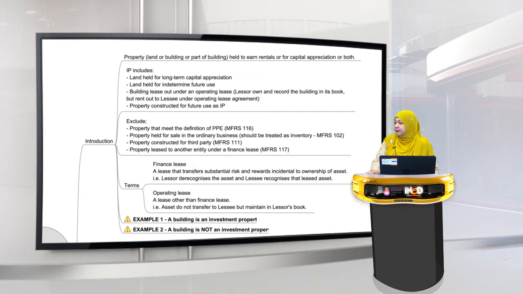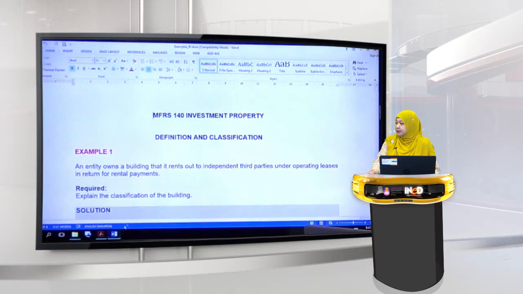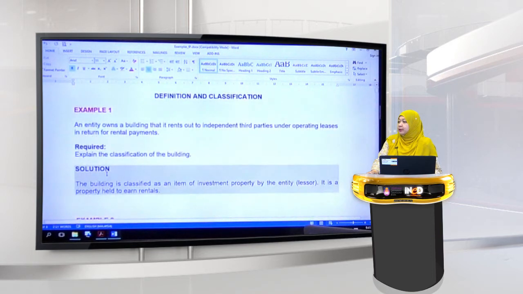Right? So, since the example here says that an entity owns a building that it rents out to independent third parties under an operating lease in return for rental payment, then we can say that the building is classified as an item of investment property by the entity, right?